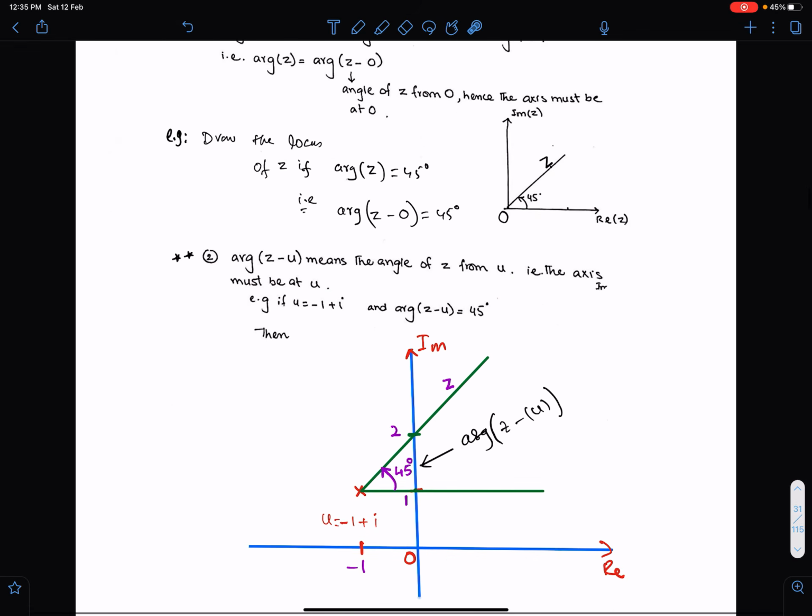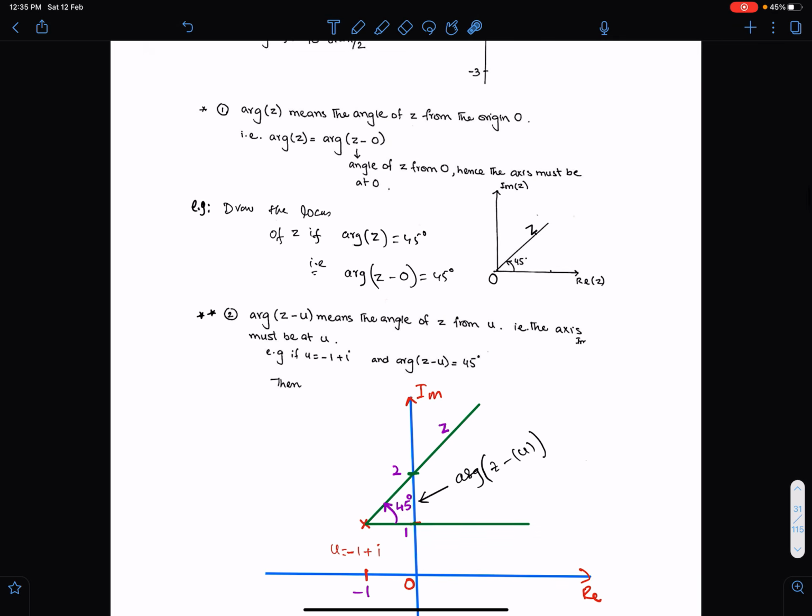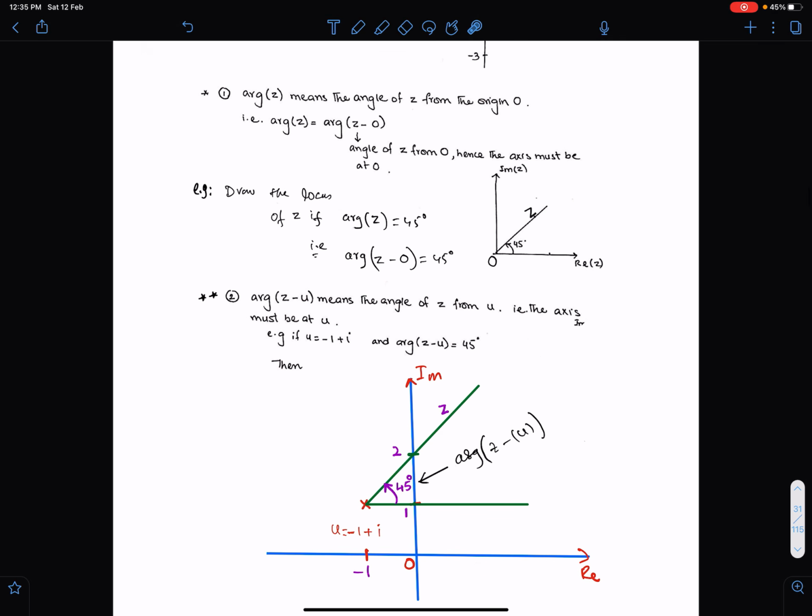So let me summarize this concept. This is one of the most important concepts in argument, and this concept will help you to sketch the Argand diagram of different loci of z. So argument z means the angle of z from origin. That means you can write argument z as argument z minus origin.